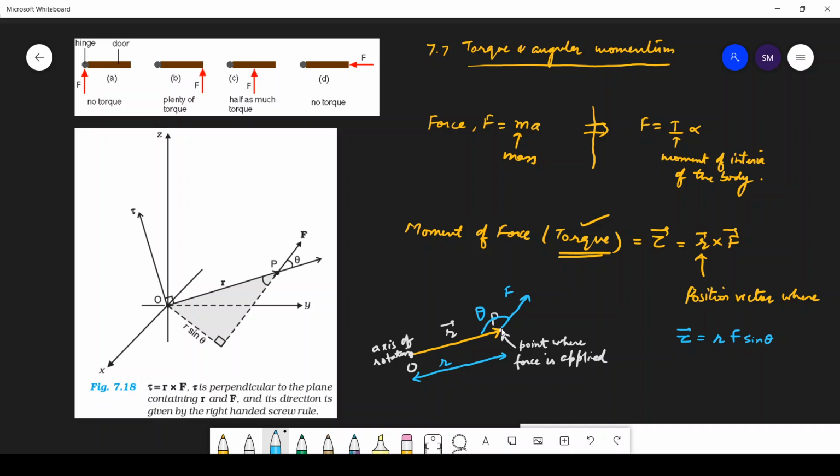I am taking an example. What is theta? Theta is the angle between two vectors, R and F. Isn't this the angle between R and F? Can't we take this angle? Sir, join the tail of the R vector with the tail of the F vector, and that will be theta. Good. So I need to bring this R vector over here.